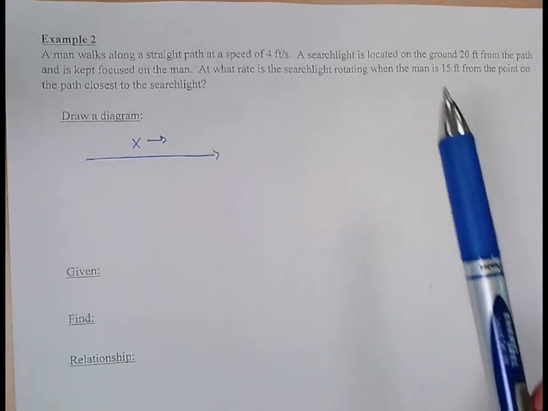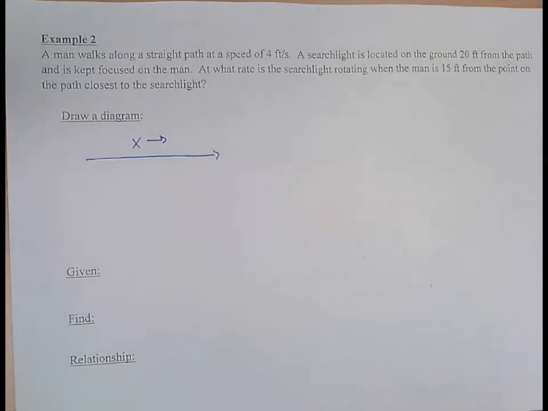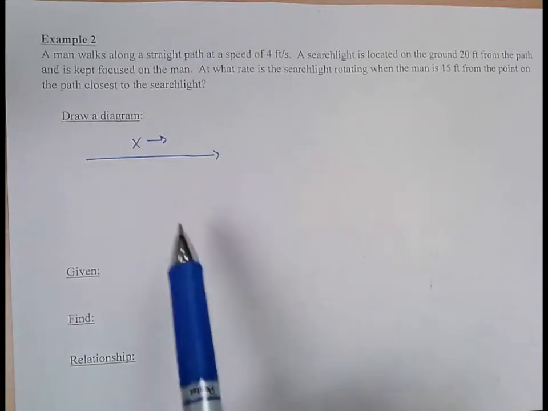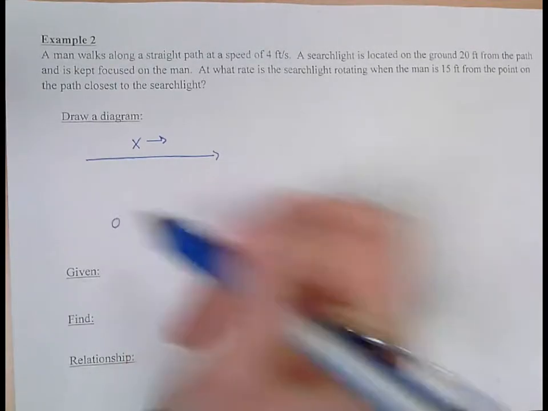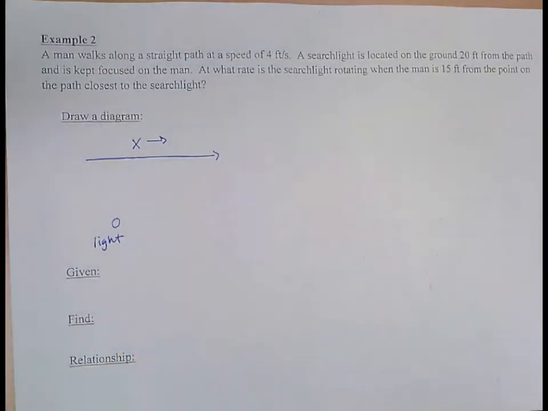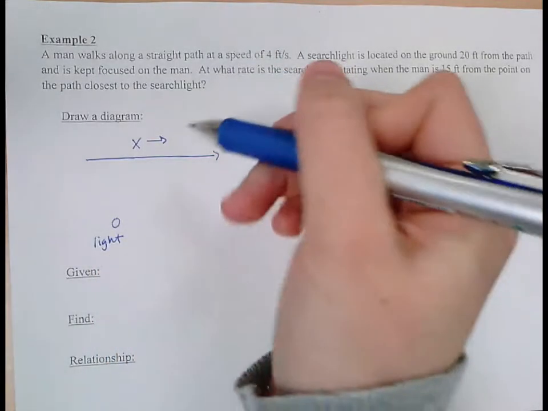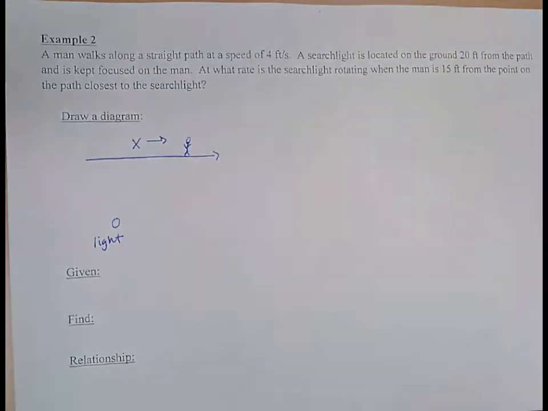Then it says a searchlight is located on the ground 20 feet from the path and is kept focused on the man. So I'm just going to draw, say, the searchlight is here. This is the light. And say at some point the man is here. I don't know how detailed you want to get with your drawing.